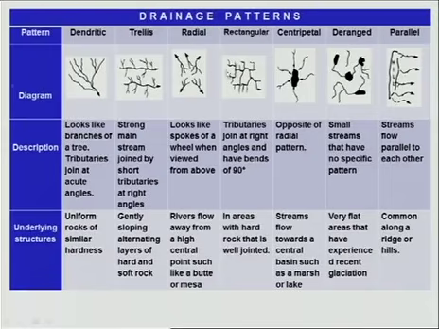Here are the diagrams of each of them. Here's a description of each of them. Here are the underlying structures. So this is very, very important, that you must study from a table like this. It's going to make your life much easier. It will compare the stuff for you, and you will be able to see the comparisons and the differences between all the different drainage patterns.